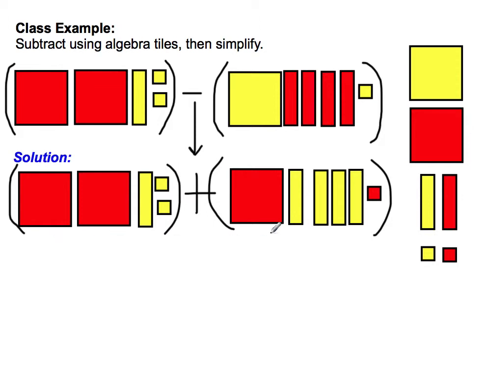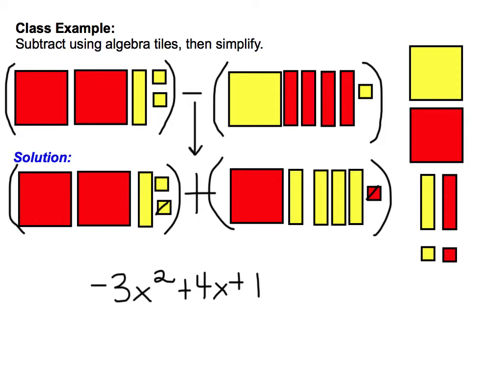So I can't zero out anything with my x squared tiles, so I have negative 3x squared. I can't zero out anything with my x tile, so I have positive 4x. But I can zero out one of my unit tiles, so I end up with positive 1. So that's how you would use your algebra tiles to simplify.